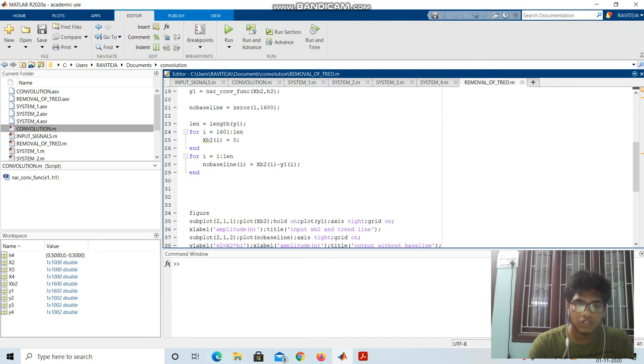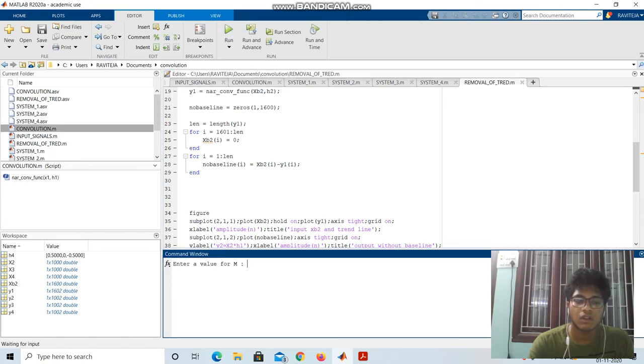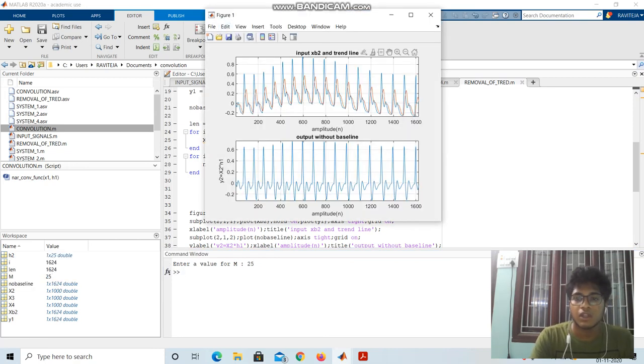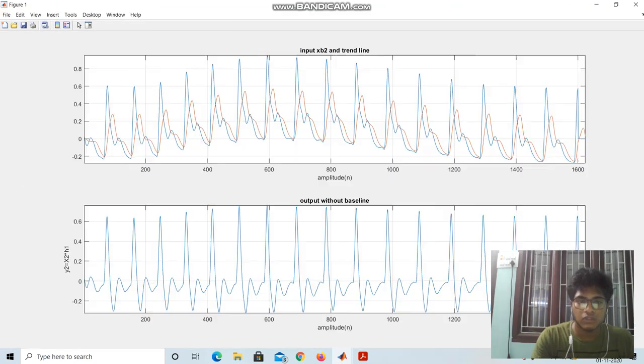We have done zero padding so that both arrays have the same length. If we run the program, we have to enter the value of m. You can see in the first diagram there is a trend. In the second diagram, after removing the trend, you can see the output without baseline.